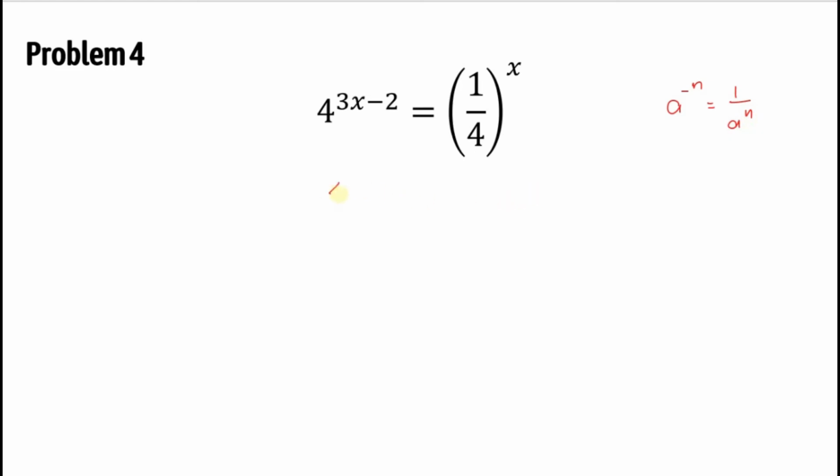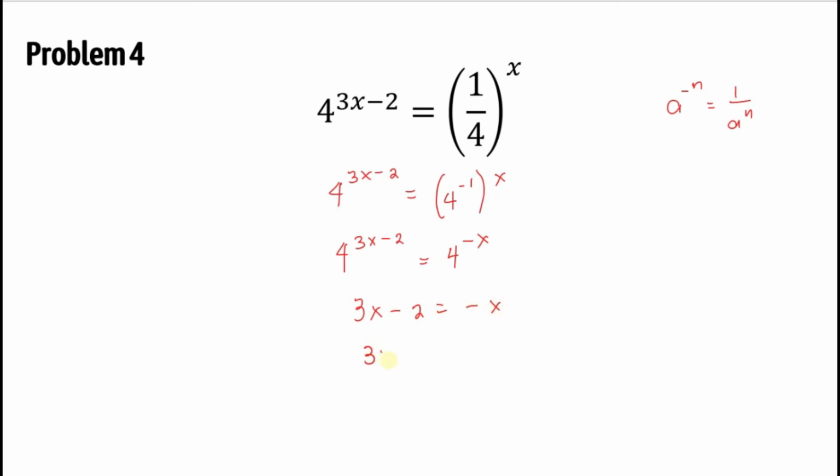So, we have 4 raised to 3x minus 2 equals 1/4 will become 4 to the negative 1 raised to x. Then, we have 4 raised to 3x minus 2 equals 4 raised to negative 1 times x, negative x. Then, we can equate 3x minus 2 equals negative x.